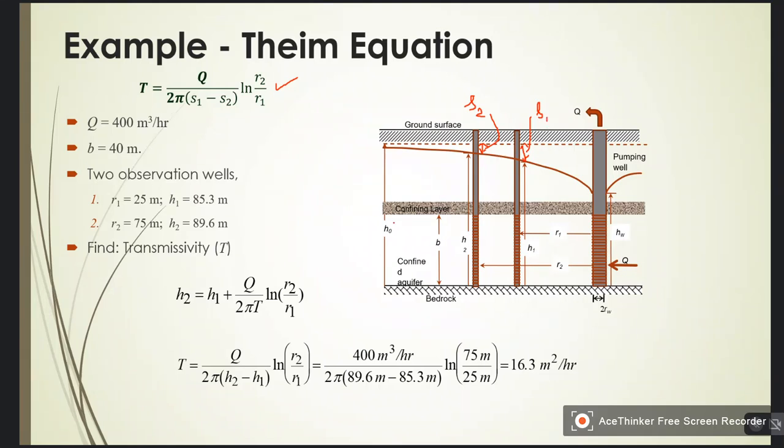So if you take this as H0, what is the relationship between H and S?